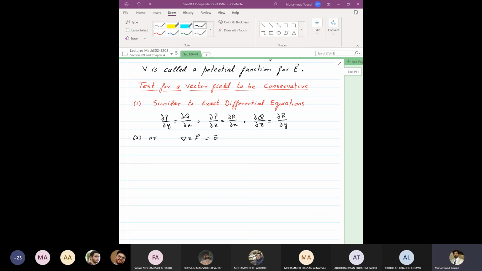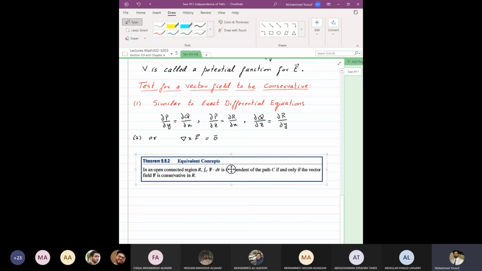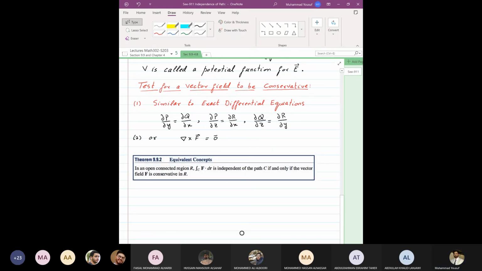Actually that fundamental theorem should be an equivalent concept. So there are two equivalent concepts. Let me first give you this, and then I will tell you how to solve this one. Now this is theorem 9.9.2.